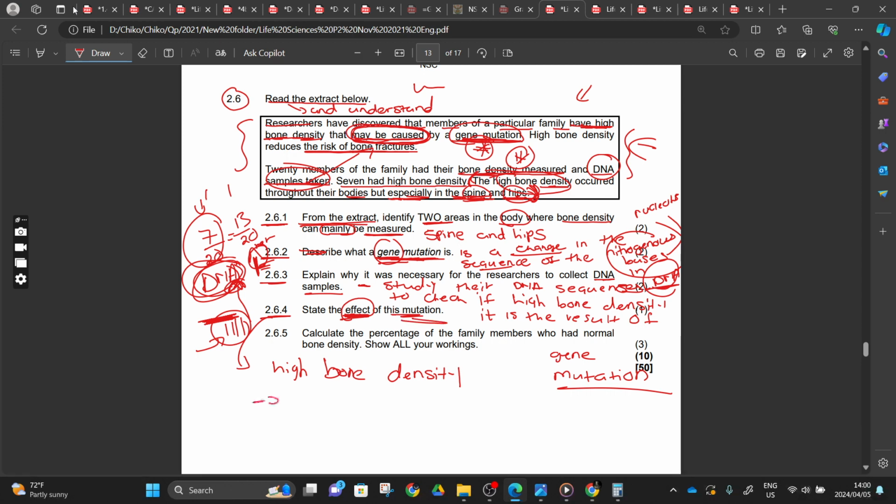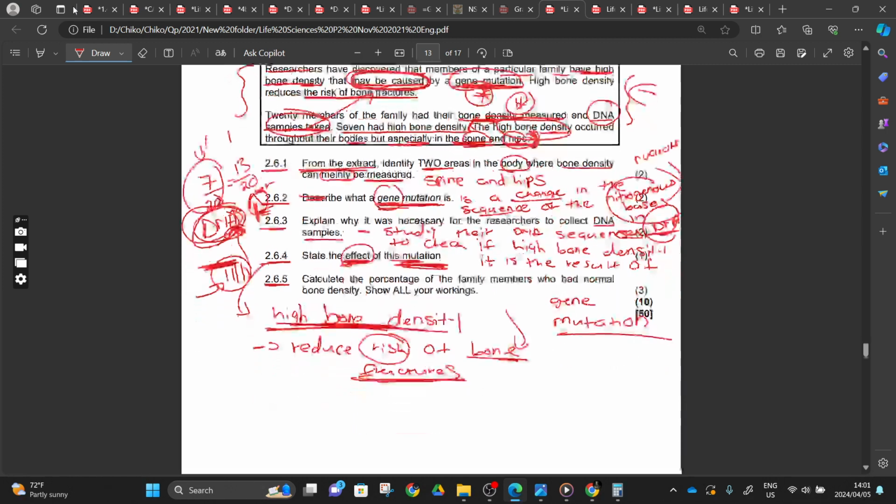You will have high bone density, or you can say reduced risk of bone fractures, right? So having this mutation is going to affect you in a positive way, because it's going to reduce the risk of your bone fracturing, being broken, right? And also, it's 1 mark, you can also just say this will increase the bone density, right?